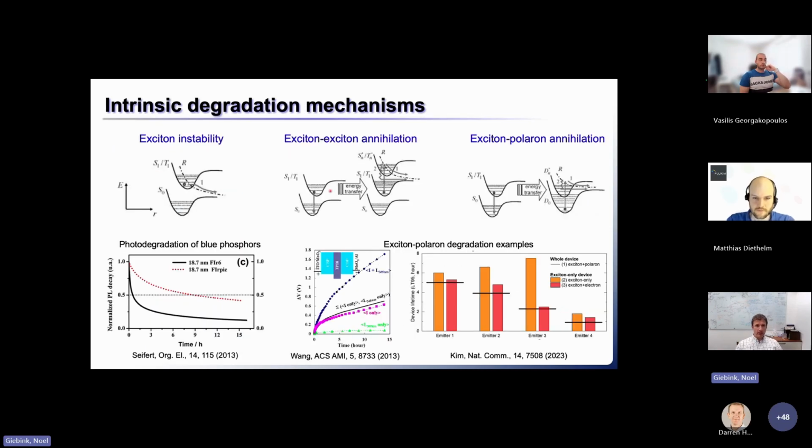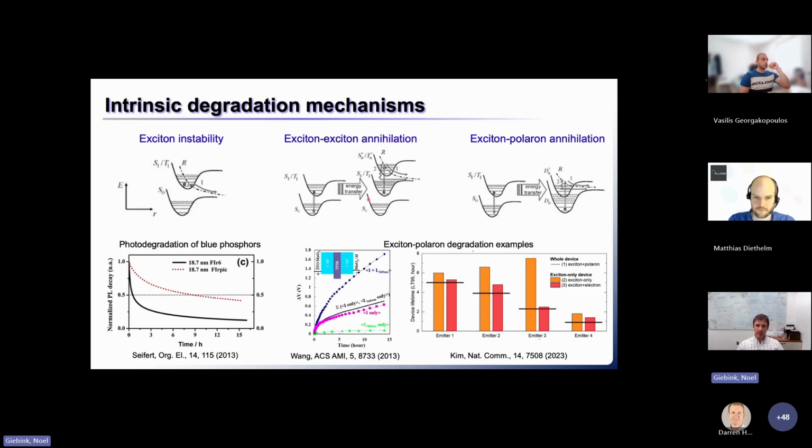If we go back and look at some of these degradation mechanisms, this notion that excitons are unstable, there are lots of good examples of the emitters being unstable. You see that just in the photodegradation of blue phosphors like FIr6 and FIrpic. Even some of the hosts like CBP are known to be unstable.